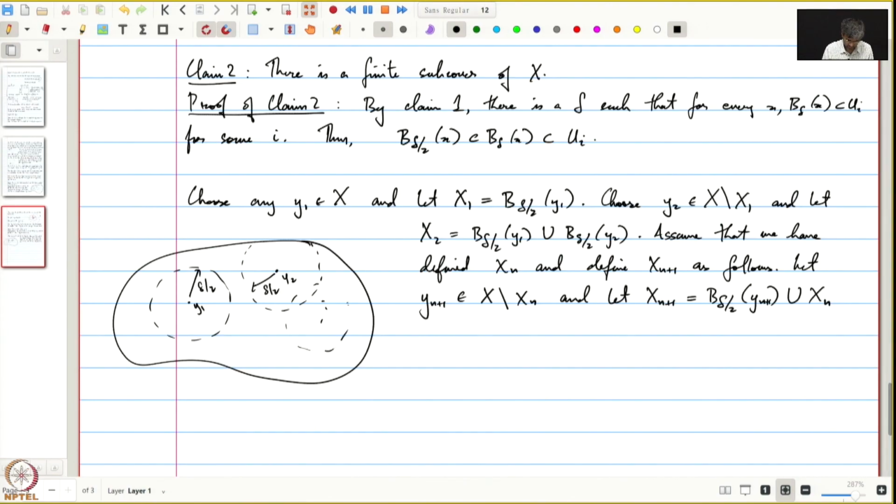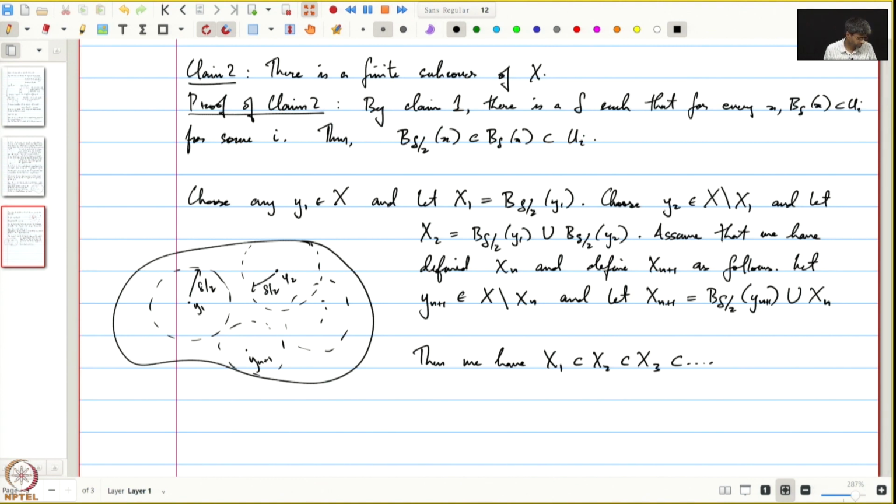So we have these balls and this is our yn plus 1, right? So then we have X1 is contained in X2 is contained in X3 and so on, right?